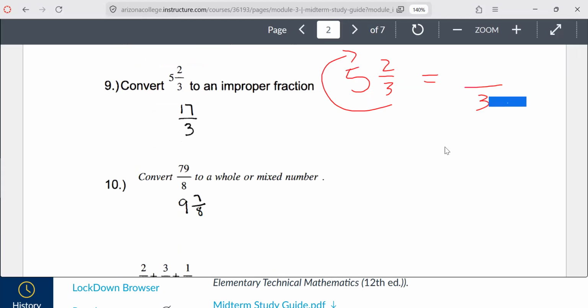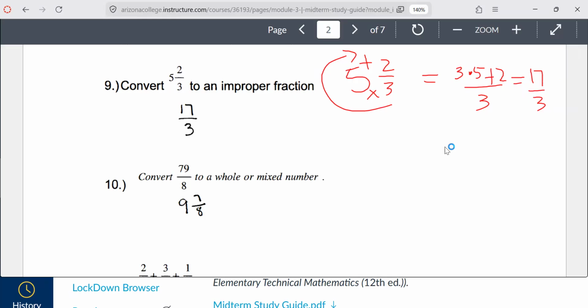Remember, the denominator will be the same, so I'm going to put 3 there. And then you multiply, and then you add for the numerator. You're going clockwise: multiply, add. 3 times 5 is 15, so you're doing 3 times 5 plus 2. This gives you 17 over 3.